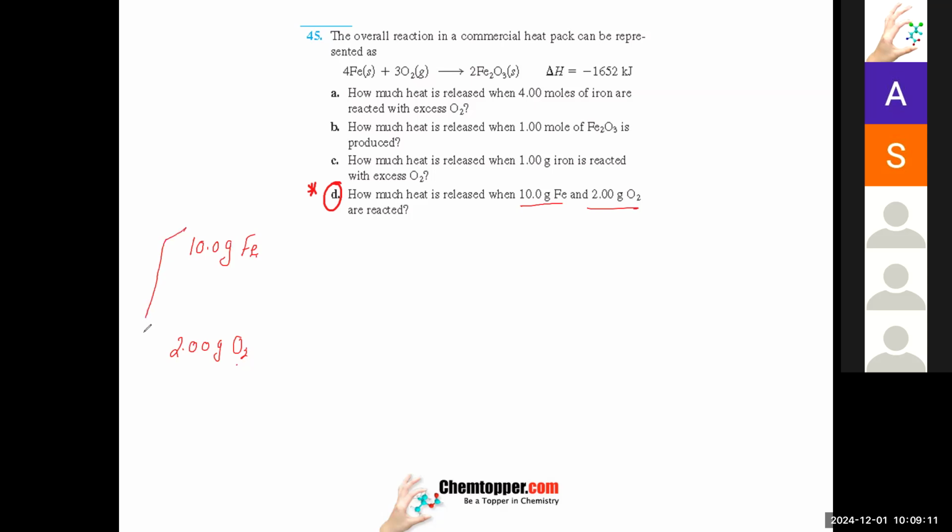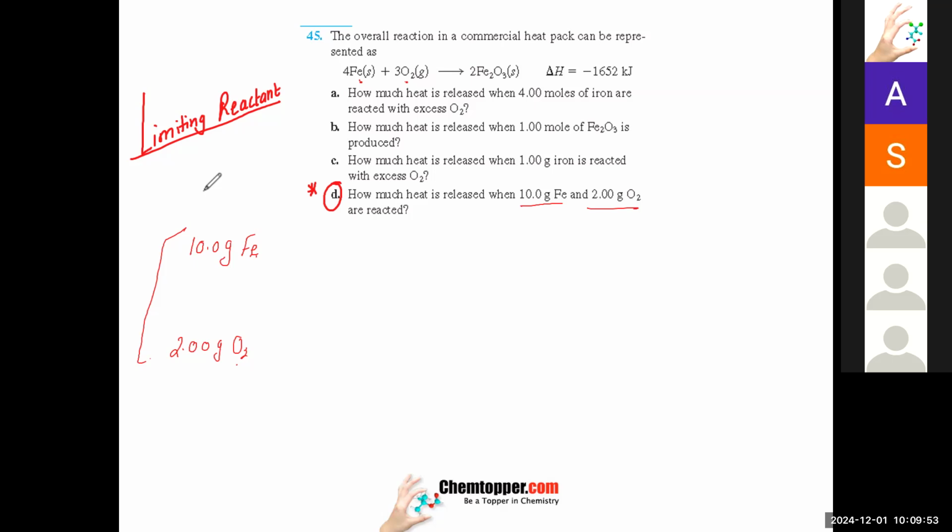When both the reactants are given, as we discussed in Unit 4 also, it's a question of limiting reactant. Means first you have to see which one is the limiting reactant, and then you are going to answer it. Limiting reactant is the one which is finally going to be zero and will stop the reaction.